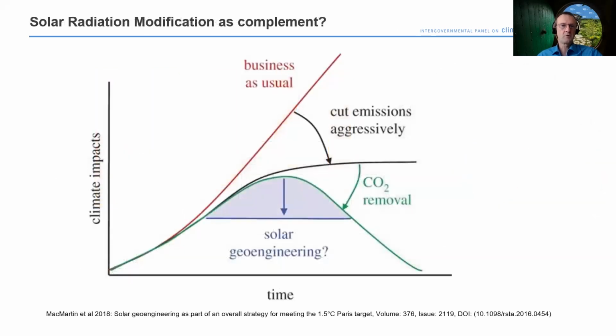Very briefly, moving on to solar radiation modification. This is often proposed as what's called peak shaving. So if we have a set of pathways, the red line would be climate impacts, or temperature as a proxy, under business as usual. If we cut emissions aggressively, we might halt the rise in temperature. If we add large-scale CO2 removal, we might be able to reverse temperature again.